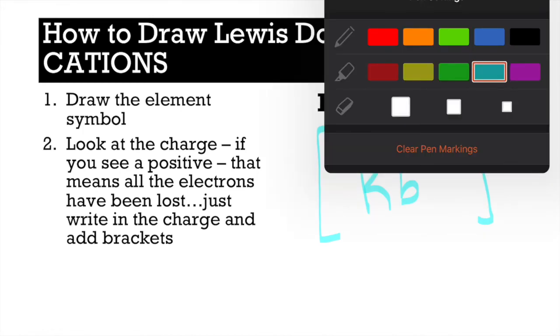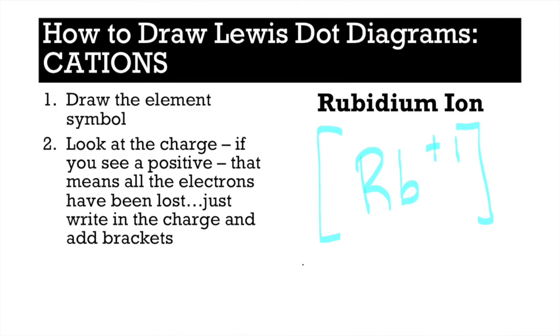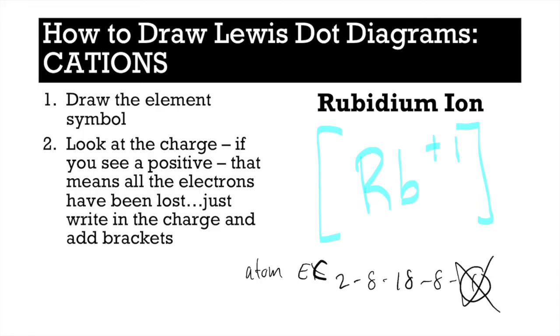If we look at this in a little bit more detail, the rubidium atom has the electron configuration of 2-8-18-8-1. Remember, it's going to lose that 1. And so that's where that plus 1 charge comes from, meaning it lost 1 electron. And for positive cations, you draw no dots, just a bracket and the charge.